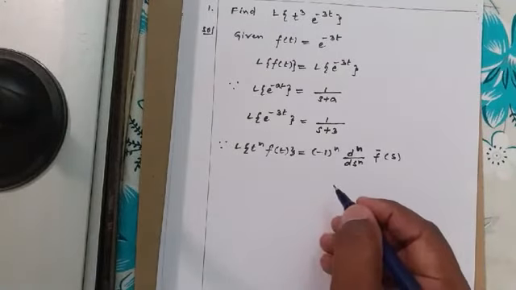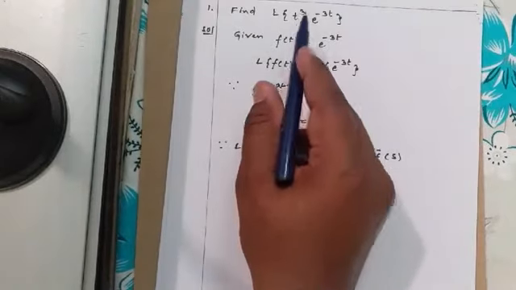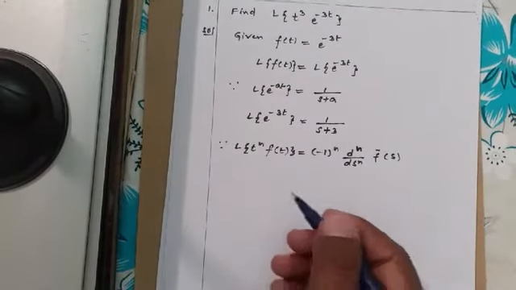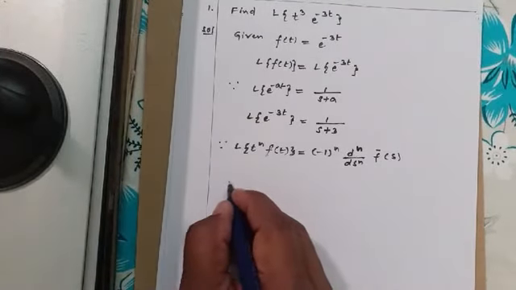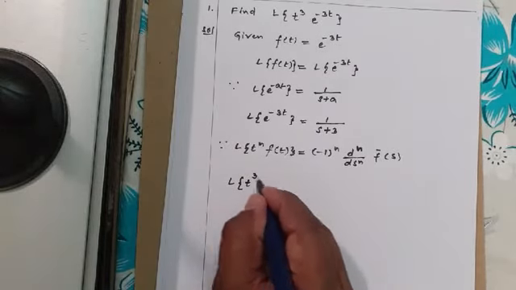Now here you can see in the given problem n is 3. So when you substitute, n is nothing but 3.